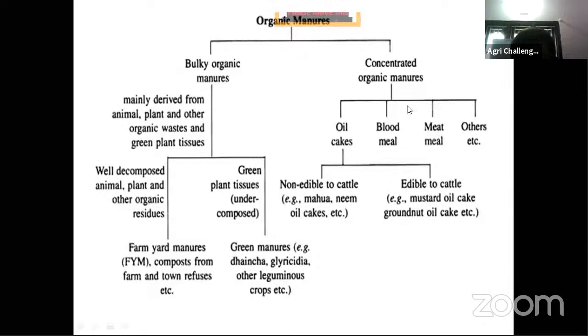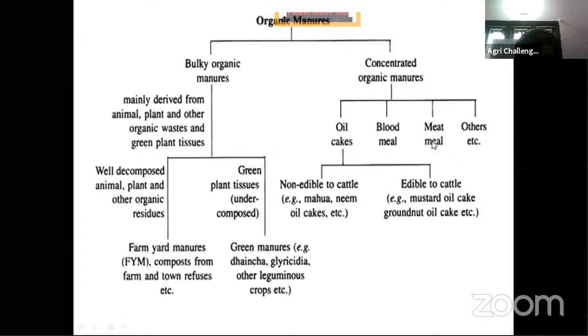Then concentrated organic manures: non-edible oil cakes, mahua cake, neem oil cake. Then edible oil cakes, mustard oil cake, groundnut oil cake, and blood meal, meat meal, and other excreta. All this comes under this category.